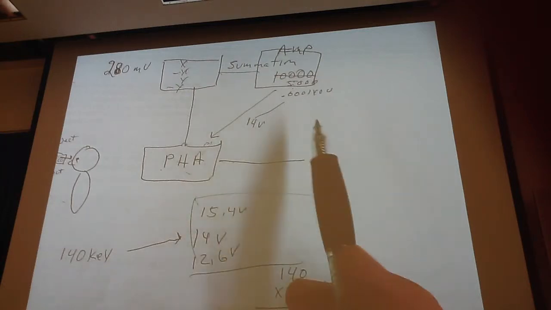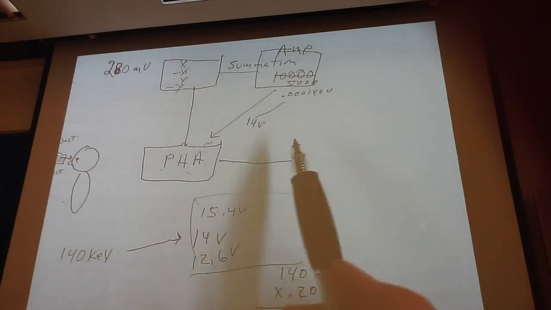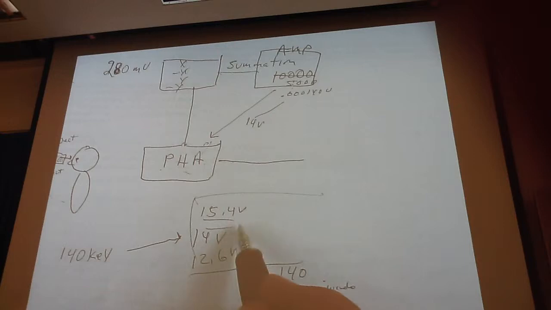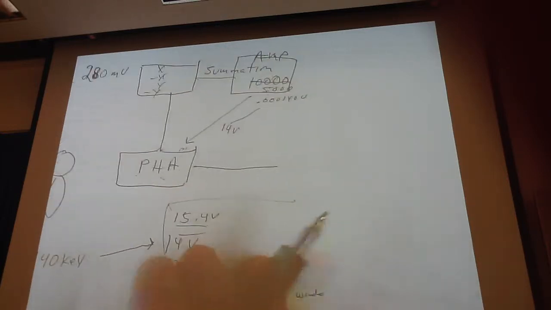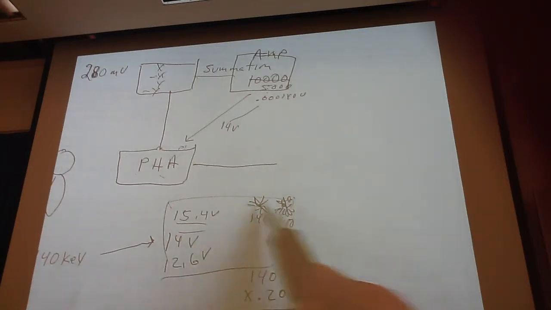Sometimes two photons will strike very close, and the light from both of those may be perceived as a higher energy photon. So we don't want to lose that information either. We know technetium only has 140 keV, but if you have two light photons that hit close together, so this was 140 and this was 140, your gamma camera may assume that was one 280 volt pulse.